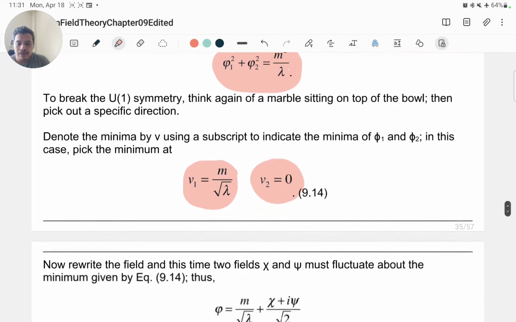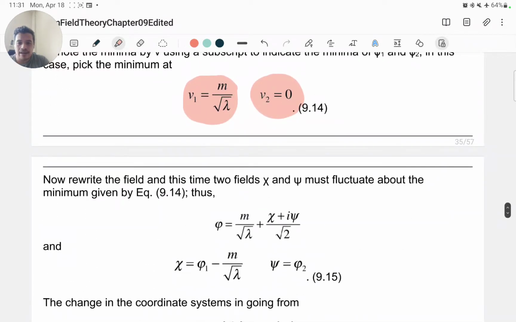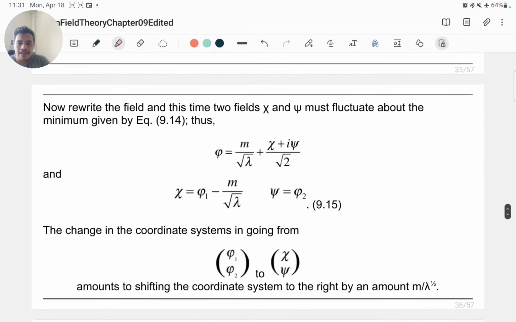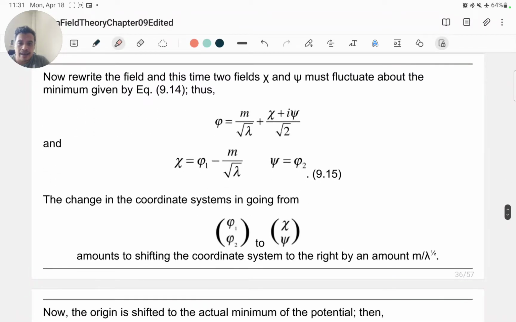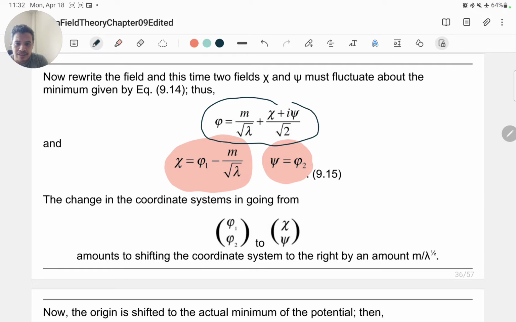So we can rename the field, or we can assign the fields chi and psi, such that the chi will fluctuate at m over square root of lambda, and the psi will just be fluctuating at 0. So our phi will now be written as this.